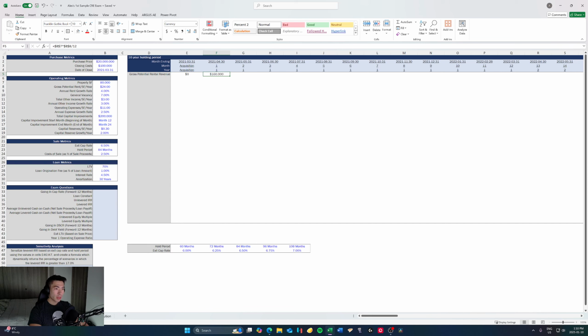So I want this number. If I do this by itself, we're just going to see that the second month is the same thing, but that's not actually going to be true because this is growing at an annual rent growth rate of 4%. So we need to show that. We're going to start by still using this.